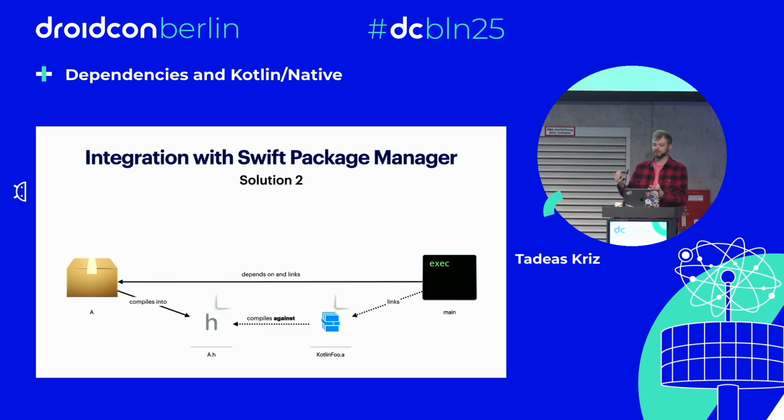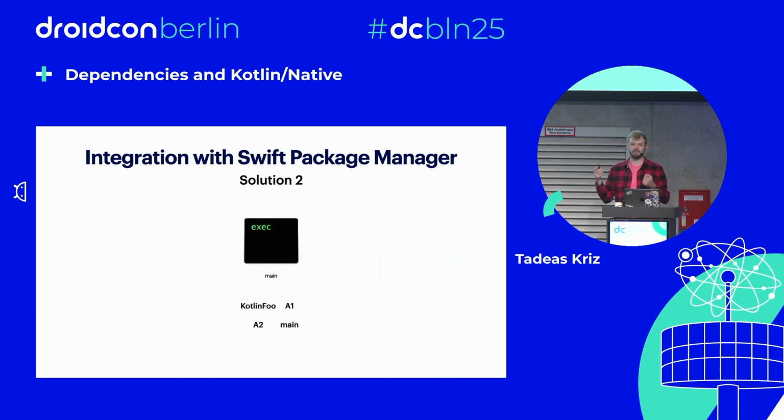You don't need to include that final piece of dynamic library. And Kotlin foo, as we saw, will not include those symbols. So then main can depend on and link into itself A, and it will depend on and link Kotlin foo, and everything will be nice and well, and everything will live in the final executable.